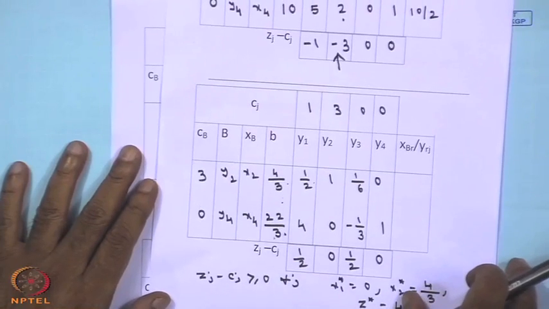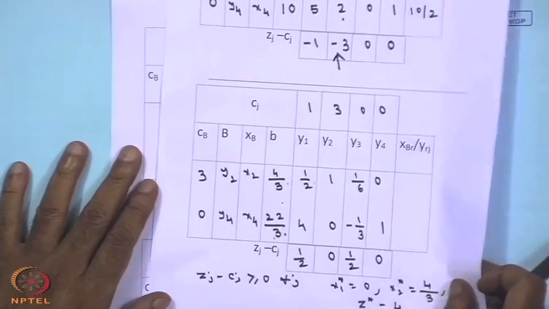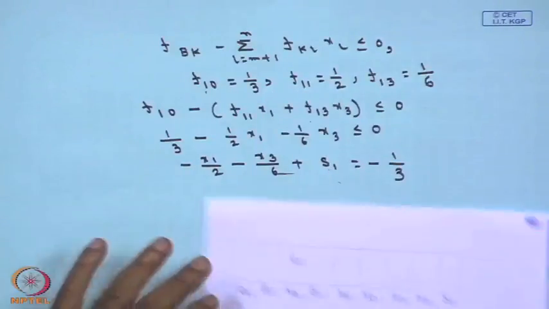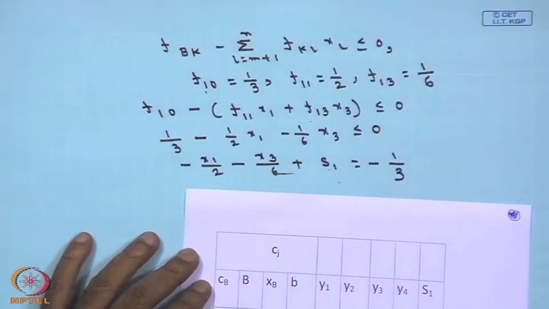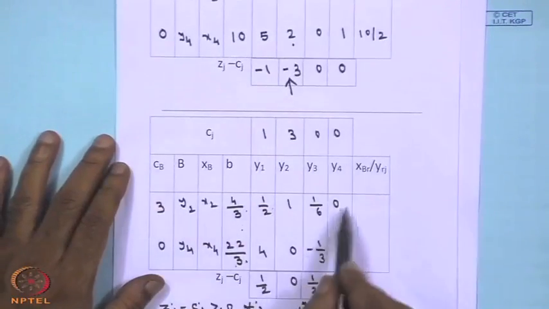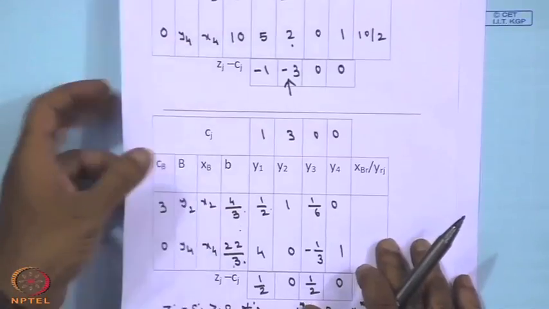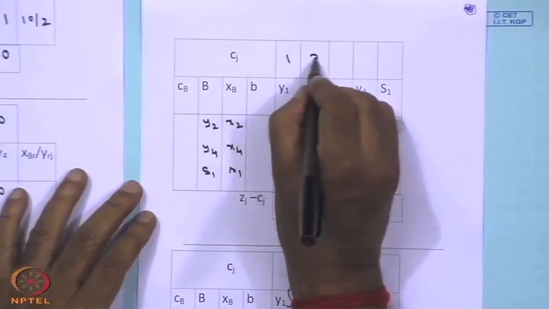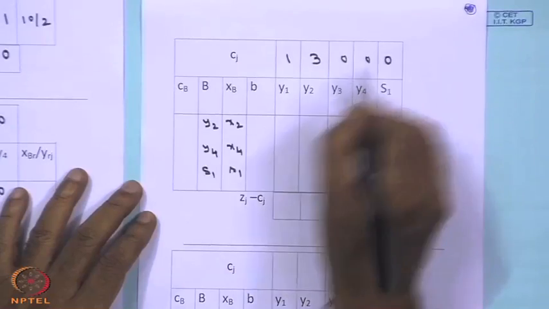Now, you have added one more equality constraint using the Gomory slack variable S 1, what I have shown over here, and this row will come over here, and all other rows, that means this entire thing, will remain the same.